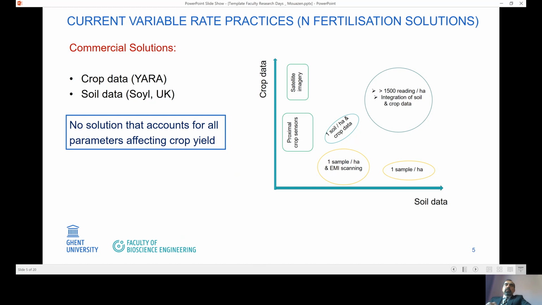But both solutions are limited because they either depend on one sample per hectare or per management zone, or in the case of crop data, they ignore soil data completely. We see that the future solution is to have large, high resolution data on not only soil but crop and other auxiliary data affecting yield.